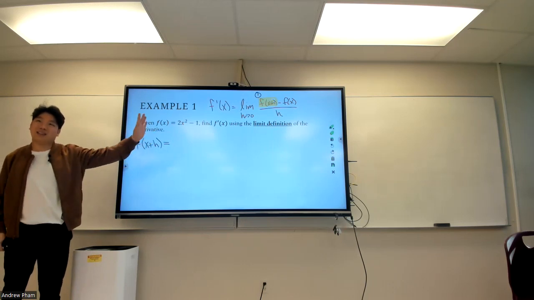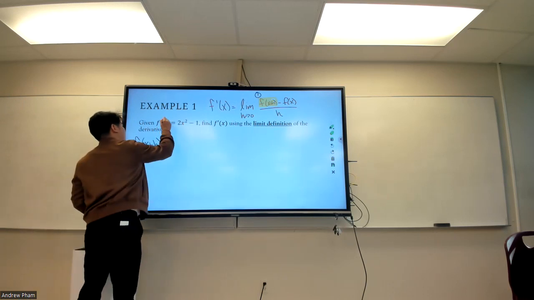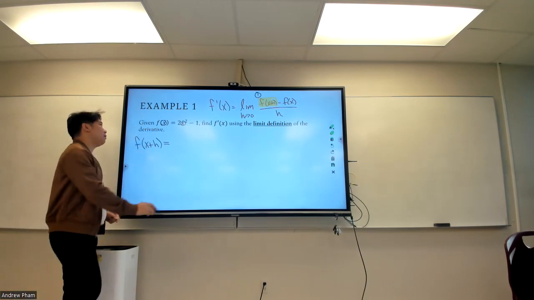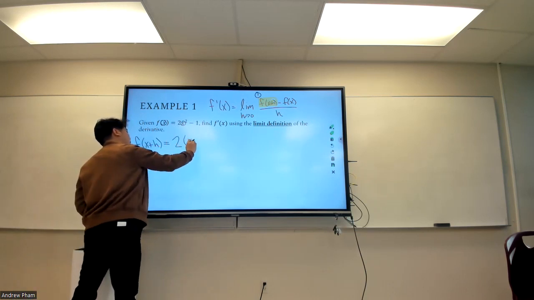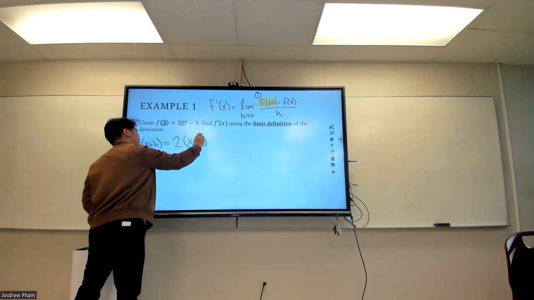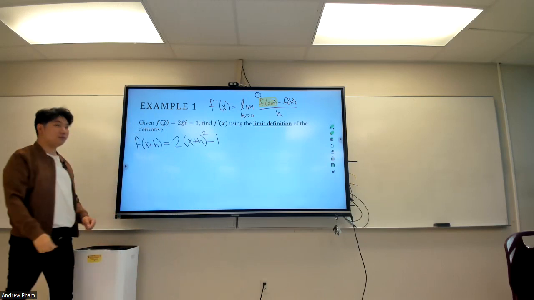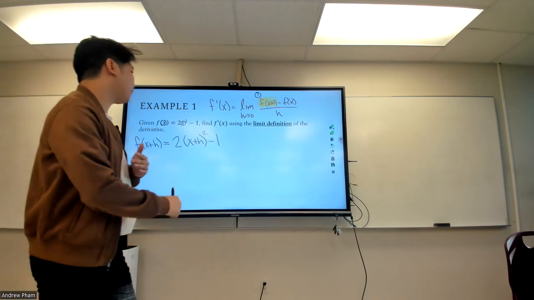I'm not just adding h at the end of this. Anywhere there's an x, I'm replacing it with an x plus h. So that would give me 2 times x plus h squared minus 1. Again, I didn't just say plus h at the end. This is me, anywhere that there's an x, I swapped it out for an x plus h.